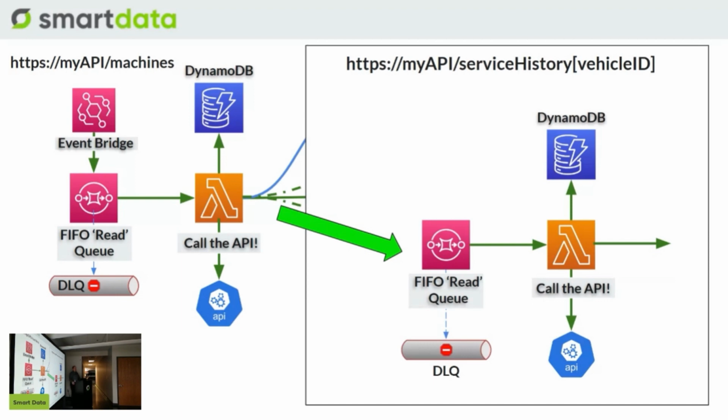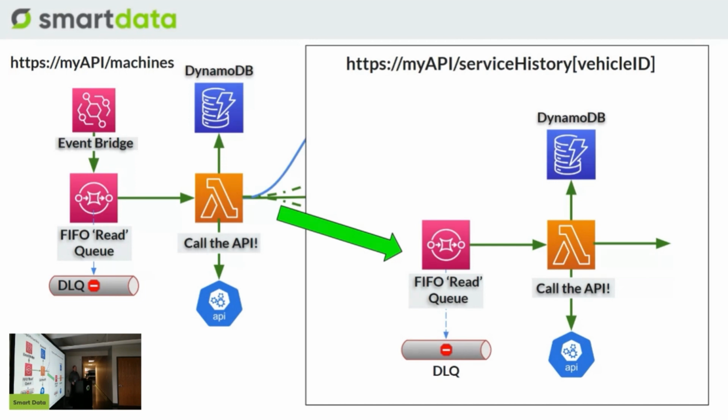Any volunteers? The assumption that we're making is that the periodicity, or how often I want to get the machine data, is the same as how often I want to get the service history data. That is actually not true, or not always true, I should say. One way you could handle it is to increase the schedule of whichever one is more frequent.